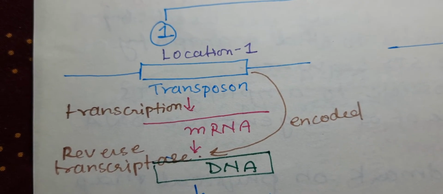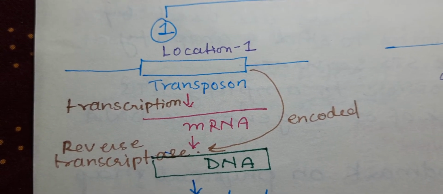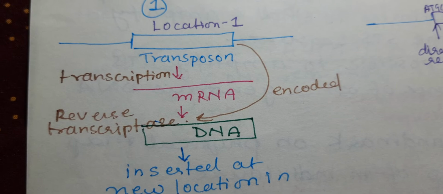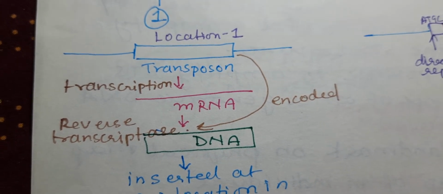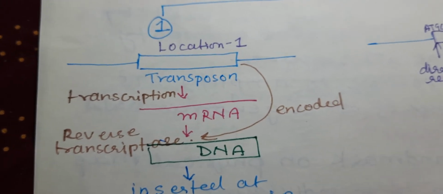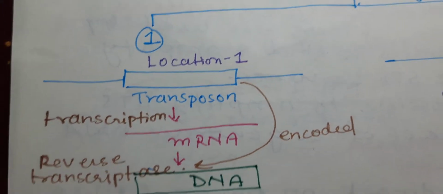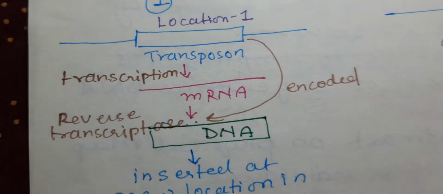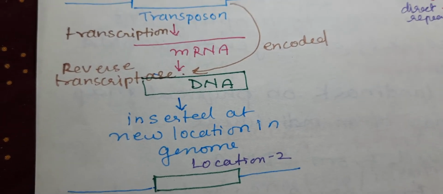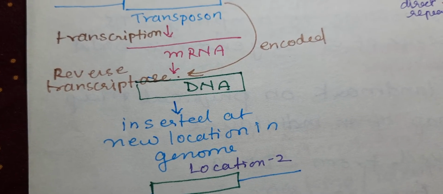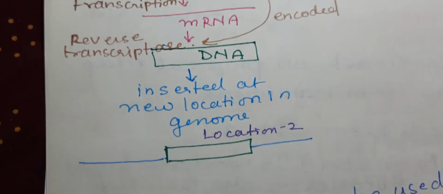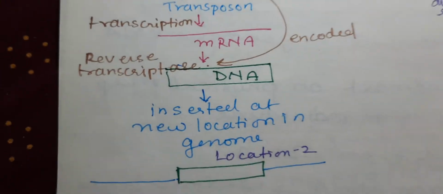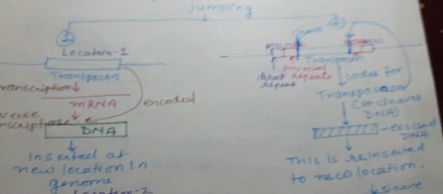Now this is reverse transcription which is taking place, so the enzyme reverse transcriptase. Now this reverse transcriptase is actually synthesized from the sequences which are present in the transposon region. Okay, so the DNA which is synthesized is now inserted in the new location in the genome. So it will change its location from one to another.